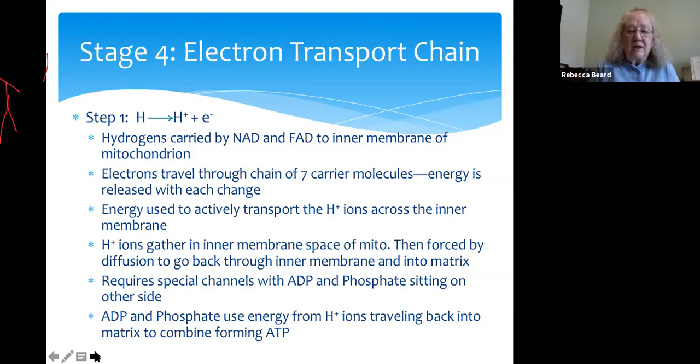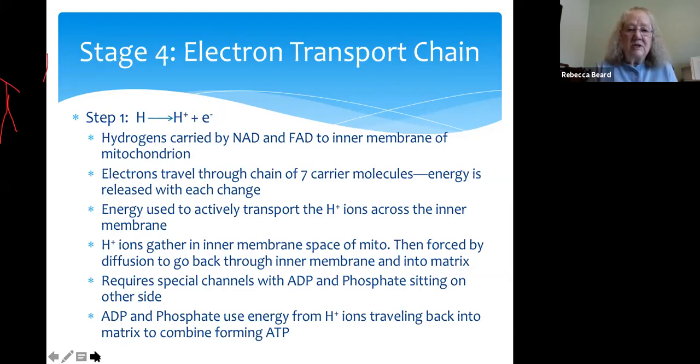So the electrons then are going to be traveling through a chain of 7 carrier molecules, and energy is going to be released with each change. And so the energy is going to be used to actively transport the hydrogen ions across the inner membrane.